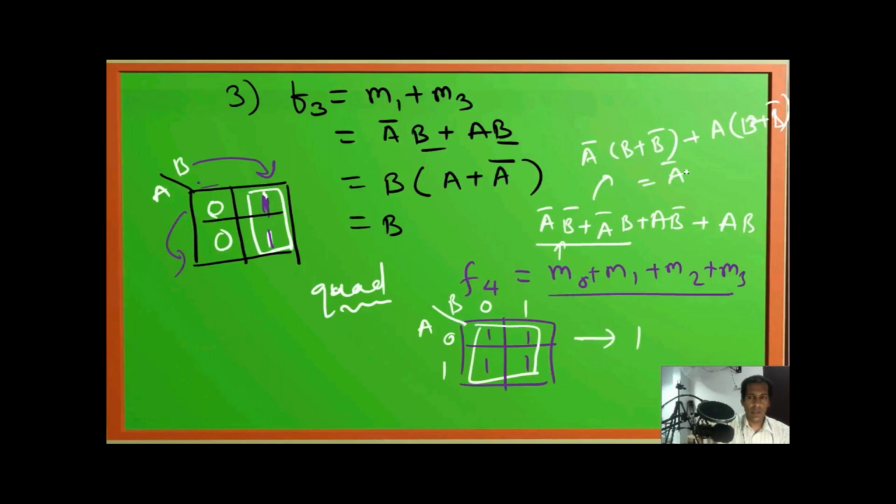So we get A bar plus A, that is nothing but 1. So this will yield a 1.